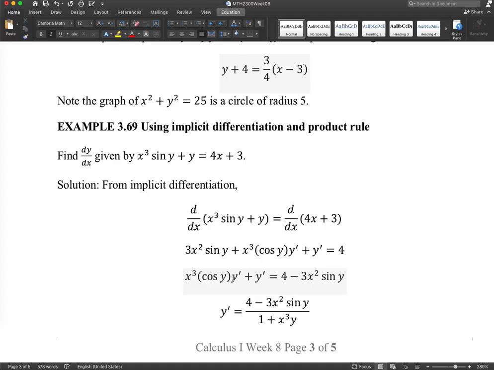For the left-hand side, y prime is a common factor. So I tried to isolate this y prime. There's 1 plus x cubed times cosine y left. I think I missed something there. It should be not just y, it should be cosine y. Yeah, now I think it should be all right.